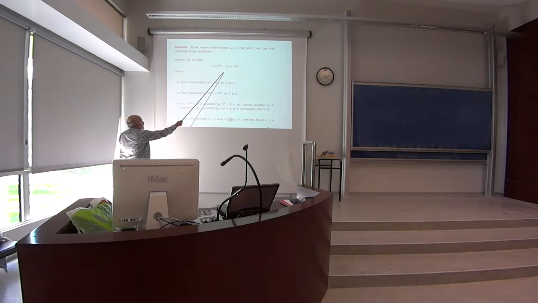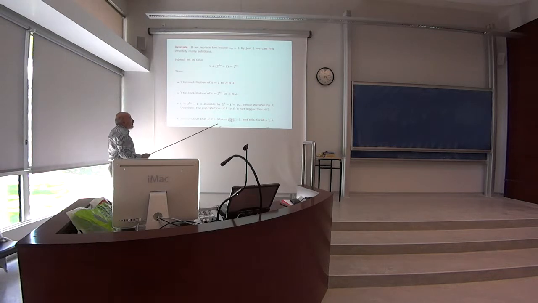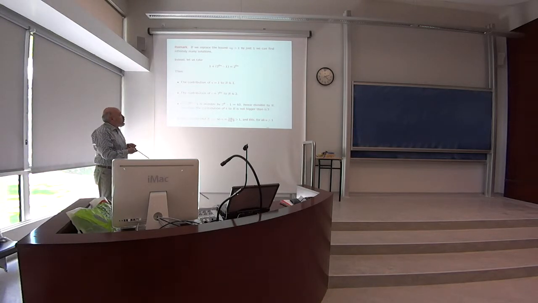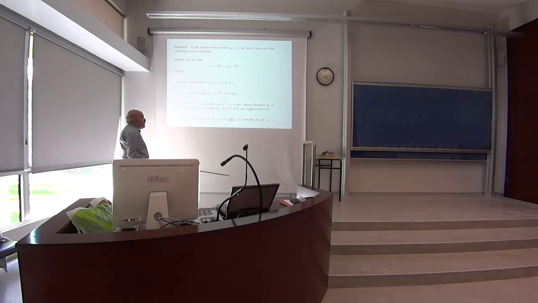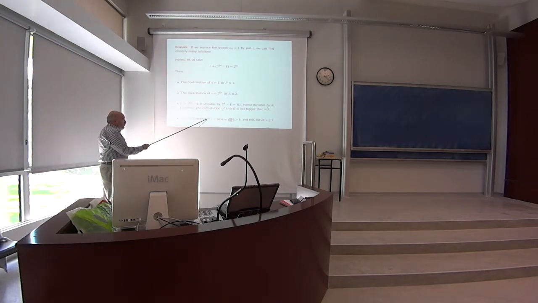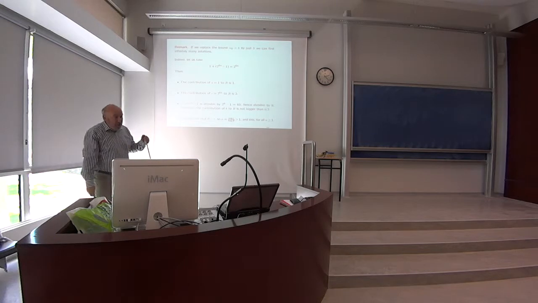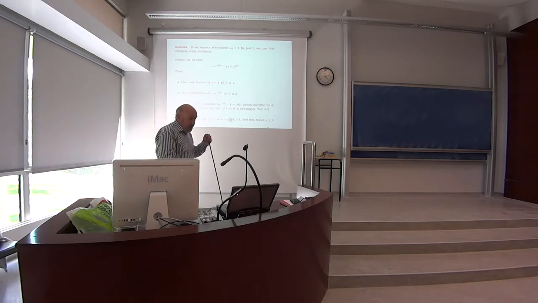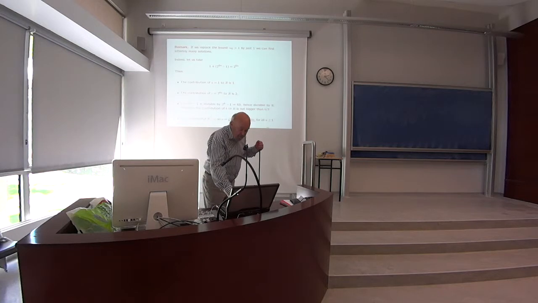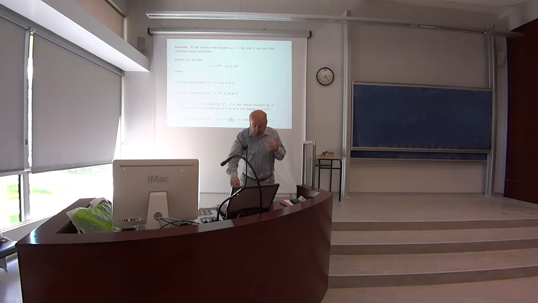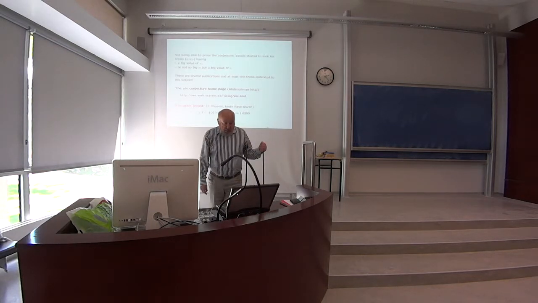What remains is the contribution of this term, and it is divisible by 63, which is divisible by a square, which is 9. So the contribution is not bigger than b over 3, and hence r is smaller than c, so the logarithm is bigger than 1. And there are infinitely many such instances. So it is important to take the boundary alpha 0 strictly greater than 1.